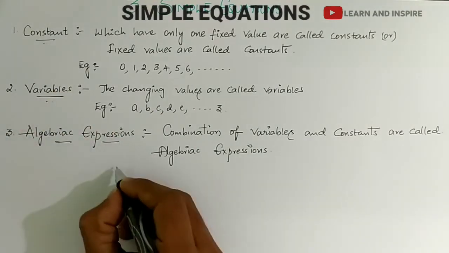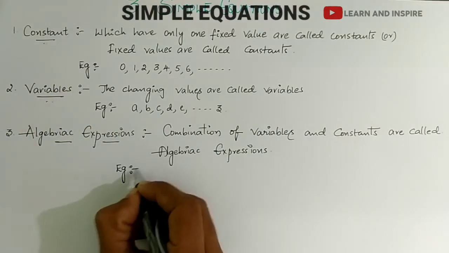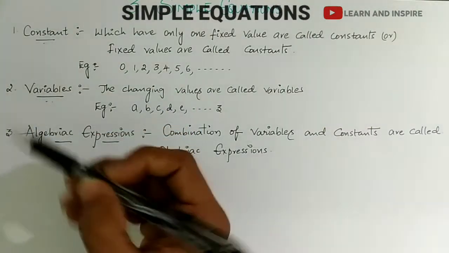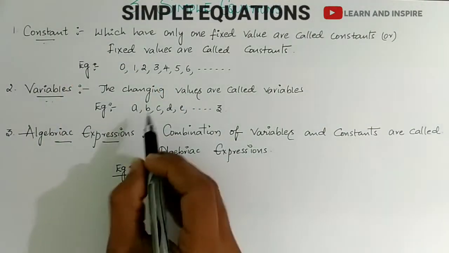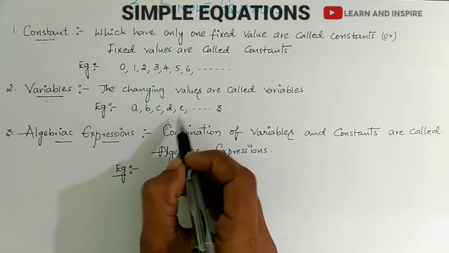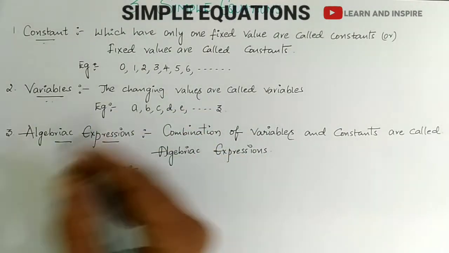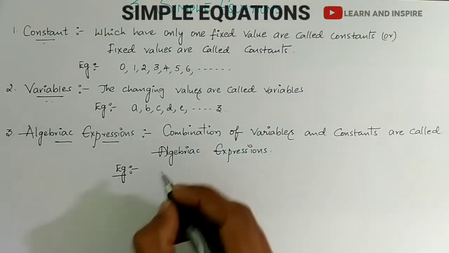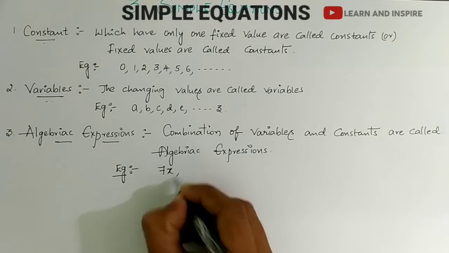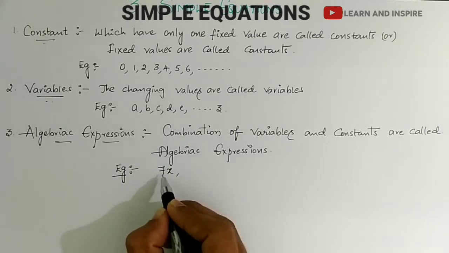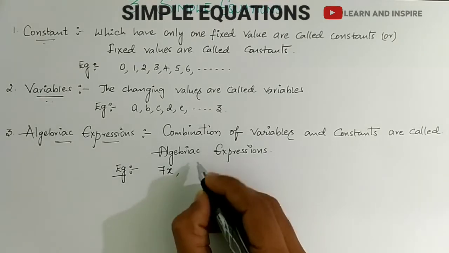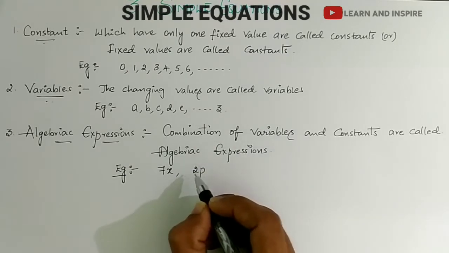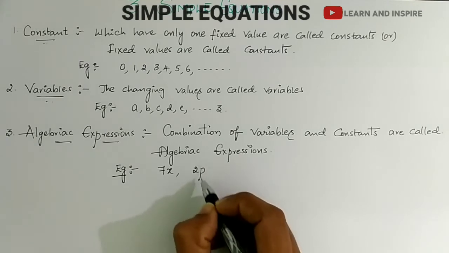So tell me a few examples for algebraic expressions. Combination of constants and variables, or variables and constants. Variables are nothing but alphabets, constants are nothing but numerical values. So together if we write, it becomes an algebraic expression. So I write 7x. It is a combination of a constant and a variable. Okay, 2p, as you can see here, the combination of a constant and a variable. p is a variable.